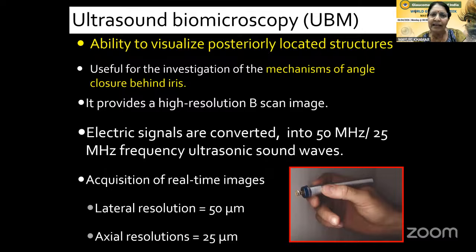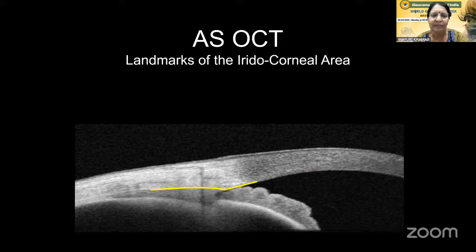UBM has the ability to visualize the posteriorly located structures, which is not possible with ASOCT. This technique is also useful to investigate the mechanism of angle closure behind the iris. Electrical signals are converted into either 50 megahertz or 25 megahertz frequency ultrasound sound waves.